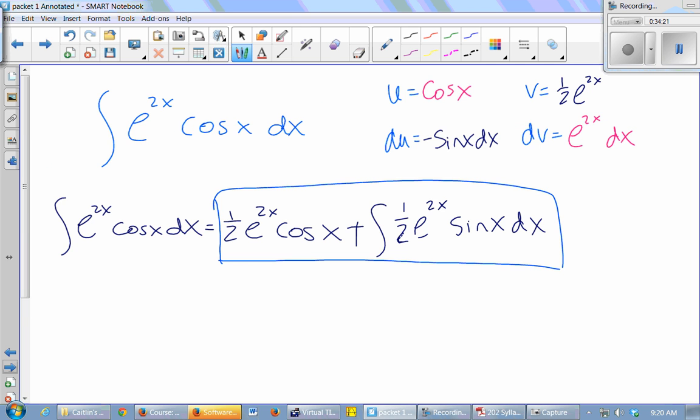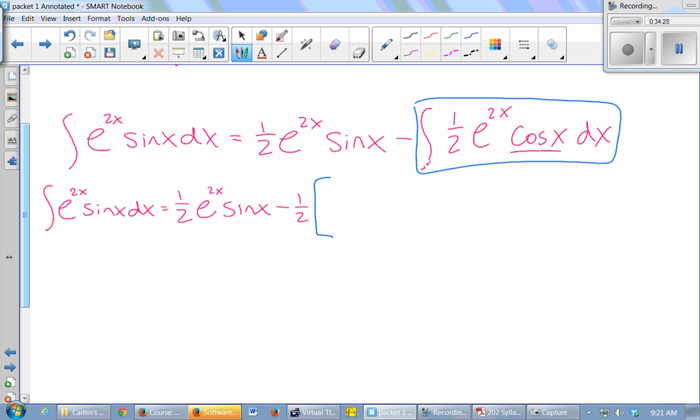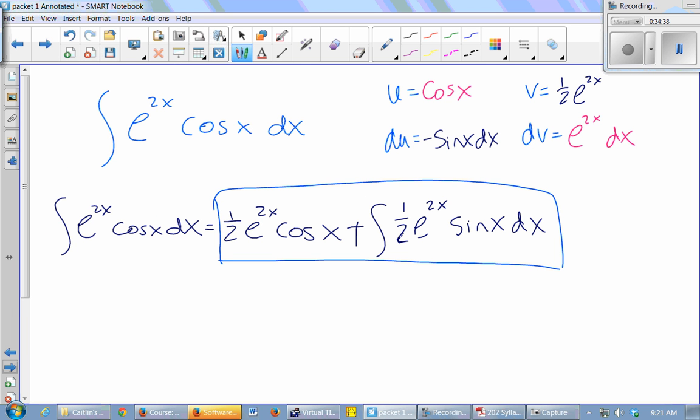Okay, so let's see. It was 1/2 e to the 2x cosine x plus 1/2 the integral of e to the 2x sine x dx. I'm just going to pull that 1/2 out here.